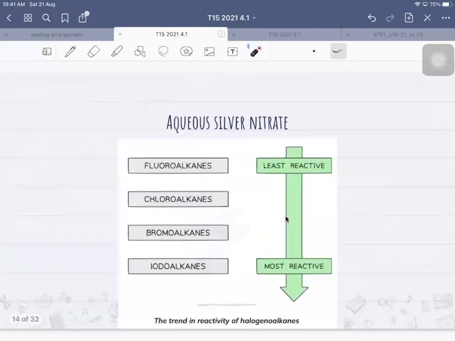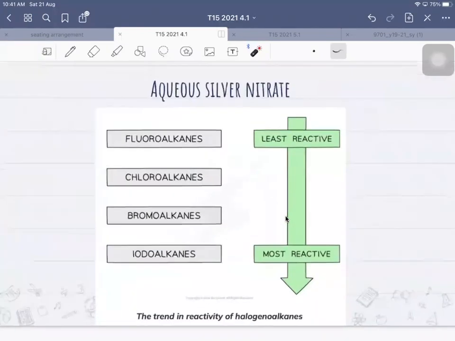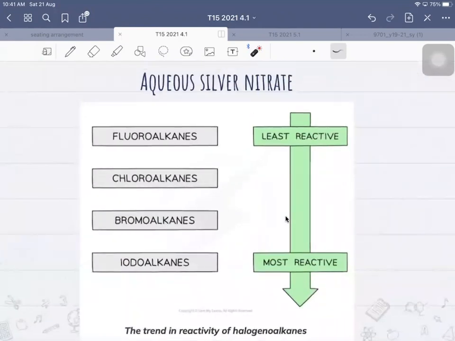So that's the summary: your iodoalkanes are more reactive than your fluoroalkanes. And how do we confirm this? By carrying out the reaction of a halogenoalkane with silver nitrate.